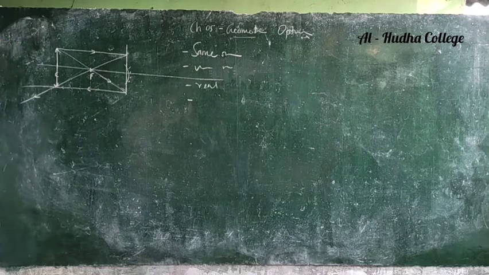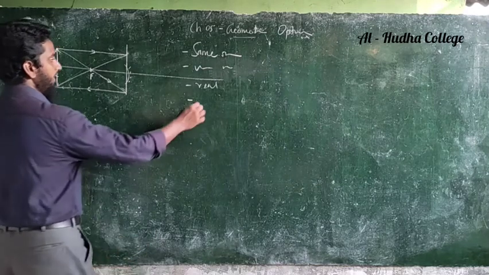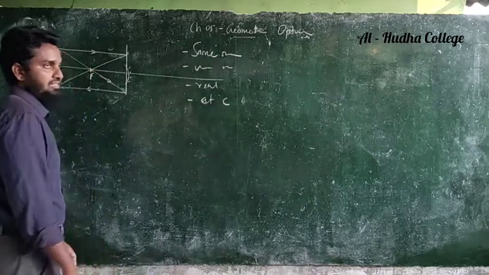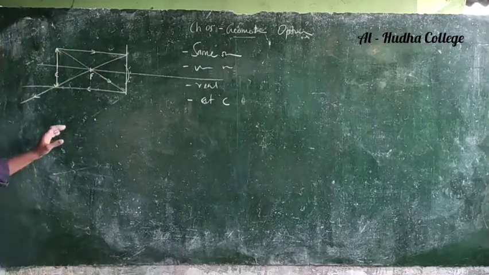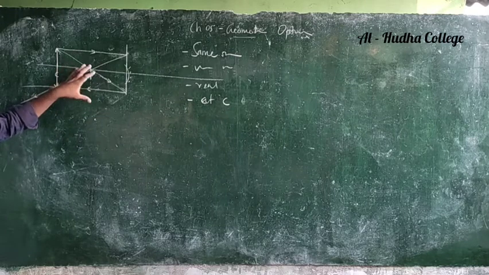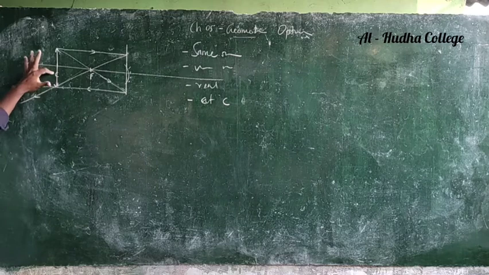The fourth, we are obtaining it at C, at the center of curvature. Therefore these are the characteristics of the image which has been formed when we keep the object at C.